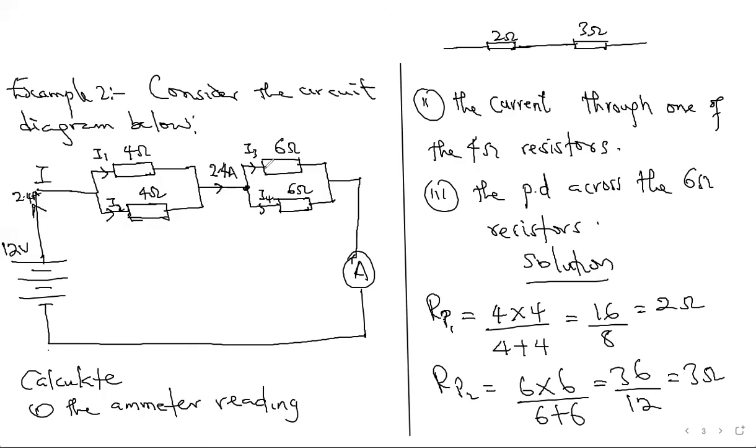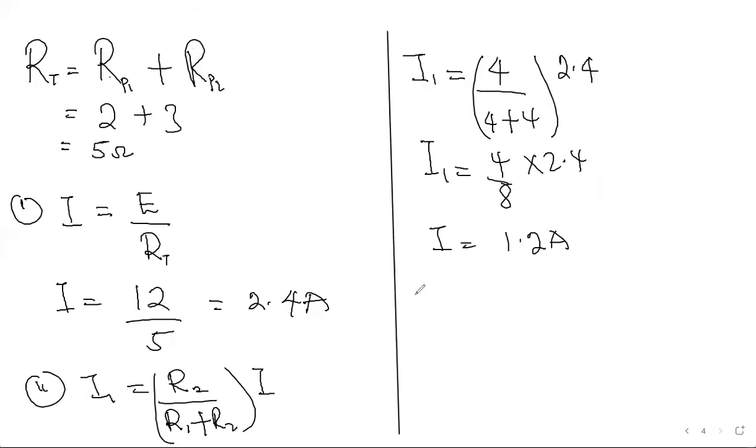So how do I get that potential difference? The PD across this 6 ohm resistor, V6 ohm, will be the current through the 6 ohm multiplied by the resistance of the 6 ohm. Now, how do I get the current? I can use the current divider rule to get I3.